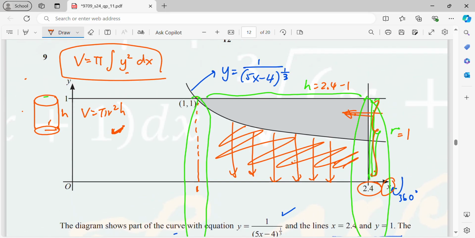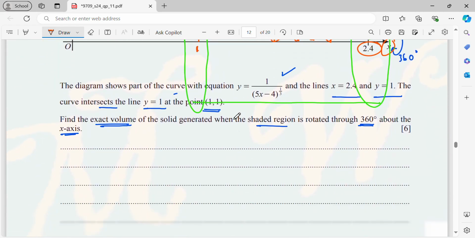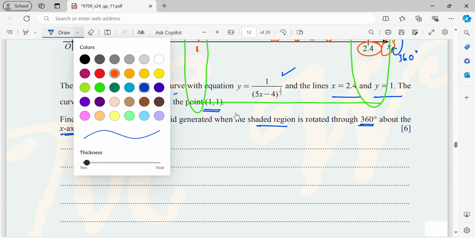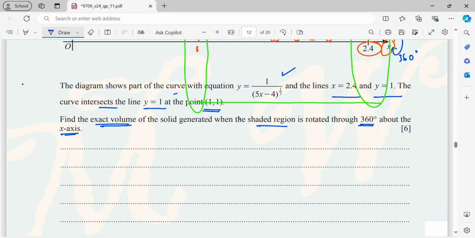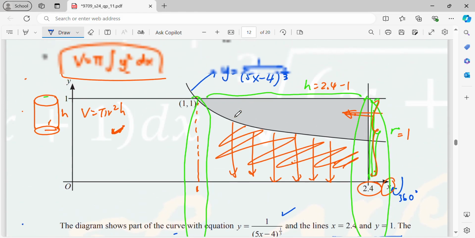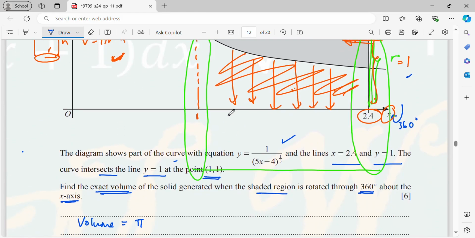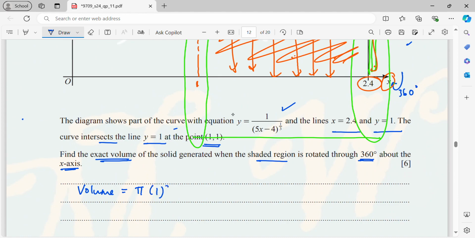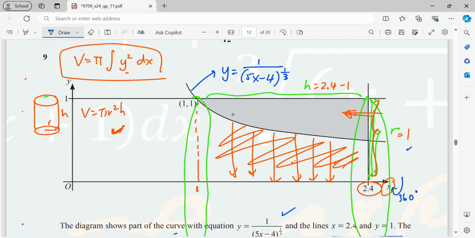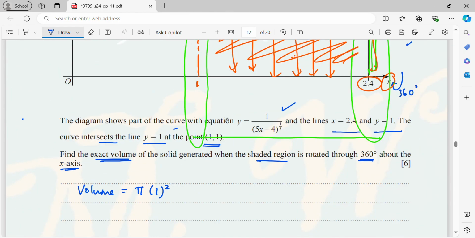So that is the whole idea to solve this question. Right, that means now here I will just write volume equals pi r squared. Okay, my r is 1. So pi r squared, my h is going to be 2.4 minus 1.